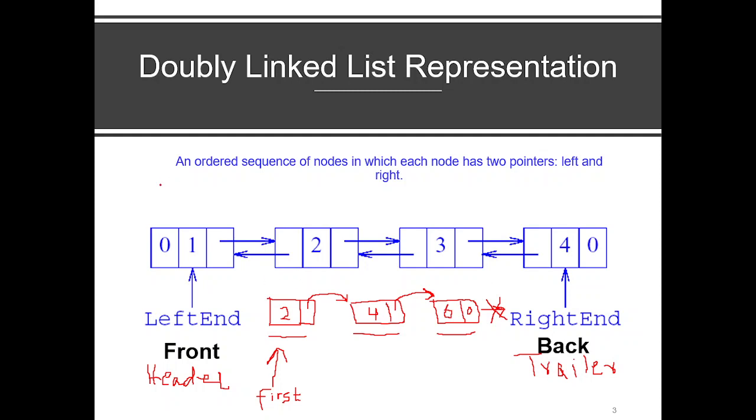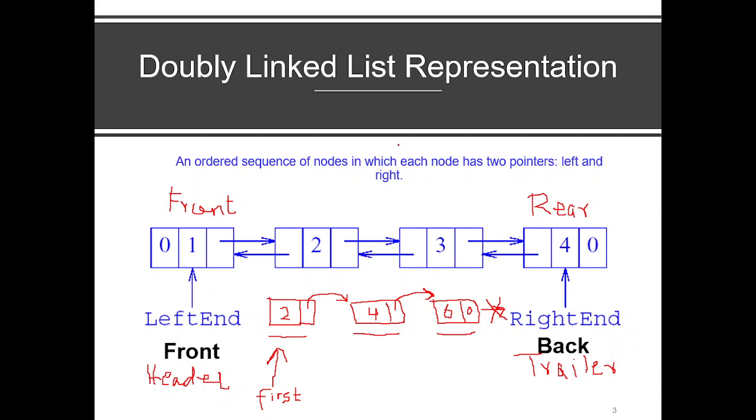It is also called front and rear. These terms are also used. Again, which end you call the front and which end you call the rear is arbitrary. It depends upon you. You can call this one the front and this one the rear, but again, the important thing is that you should be consistent.